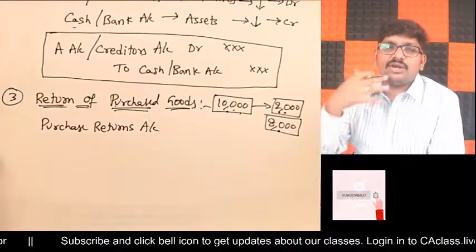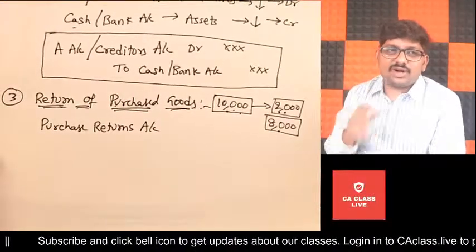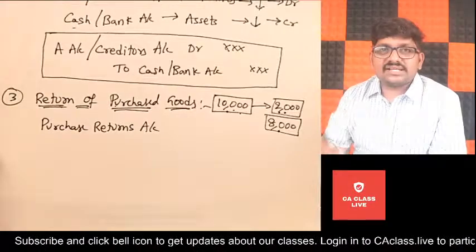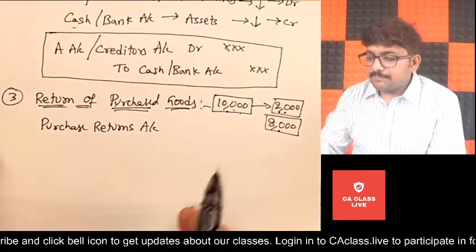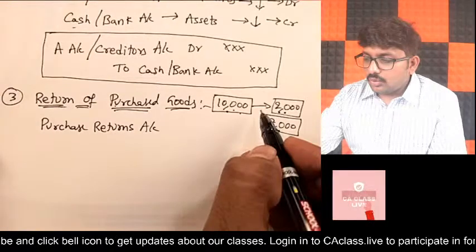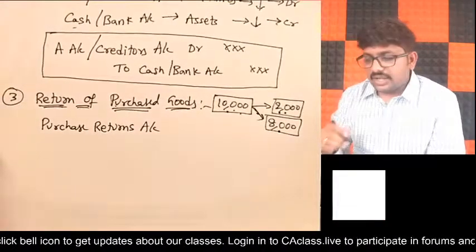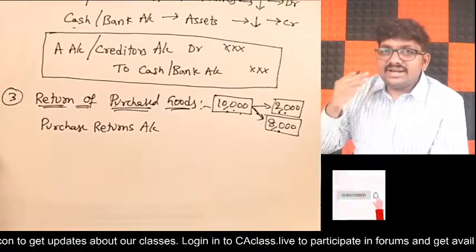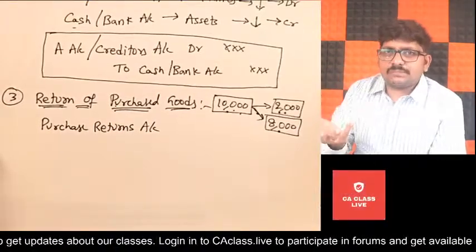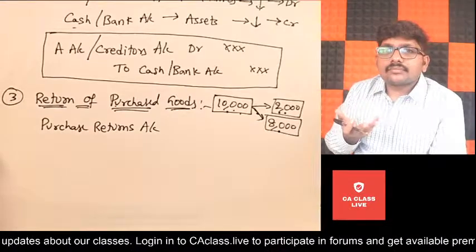After returning, you are not required to pay the full amount, so you will pay only 8,000 rupees. Now observe very carefully. 10,000 becomes 8,000. Your liability will decrease, because earlier 10,000 rupees was payable, now it will become 8,000.